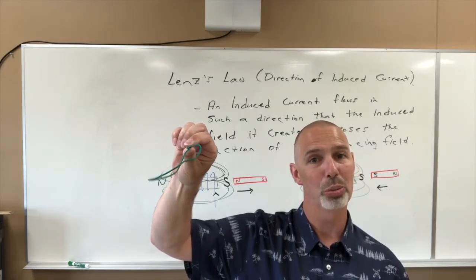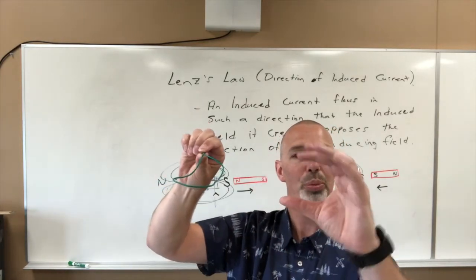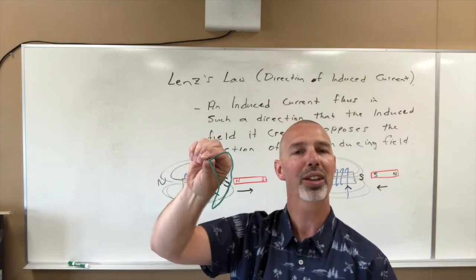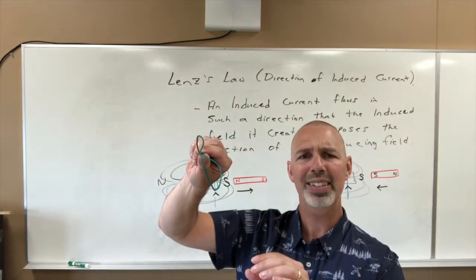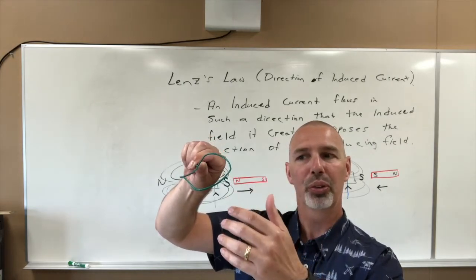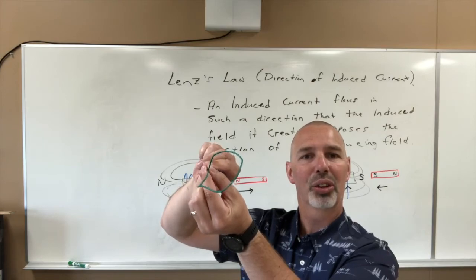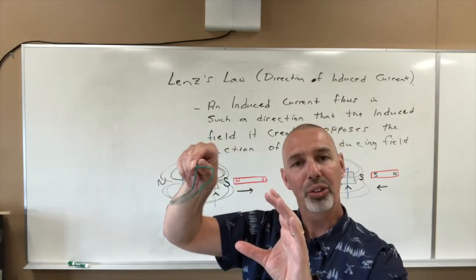I've got obviously a rotating loop of wire. If I were to create a magnetic field, so if I had a north pole here and a south pole here and I was rotating this through a magnetic field, what you would see is that as it goes through one way, I get a current flowing in one direction, and as it continues across to the other side, it will then create current in the other direction.